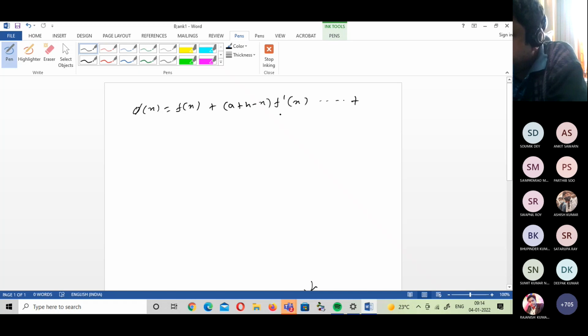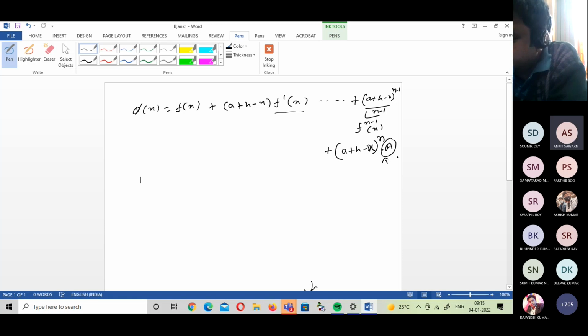Because already you have given the condition that f dash x, f double dash x all are continuous, and the term before the last term will be a plus h minus x to the power n minus 1 by factorial n minus 1 f of n minus 1 x, and the last term you have taken a plus h minus x to the power n into capital A. You have the option to give the value of capital A, so that you have assumed that phi of A equals to phi of A plus H. Phi of A plus H is f of A plus H, because A plus H minus A plus H.